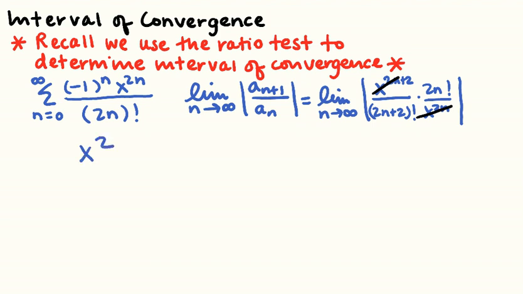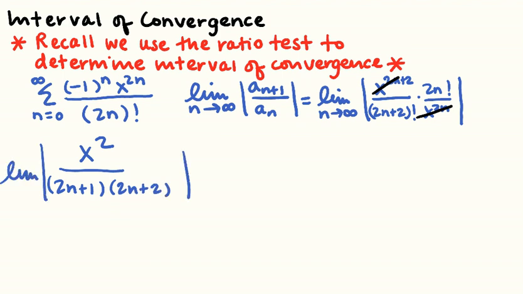And then 2n divided by 2n plus 2 factorial, well, all of the first 2n terms of 2n plus 2 factorial will get canceled off, and I'll be left with 2n plus 1 and 2n plus 2. And as n goes to infinity, this thing goes to 0, no matter what x is.